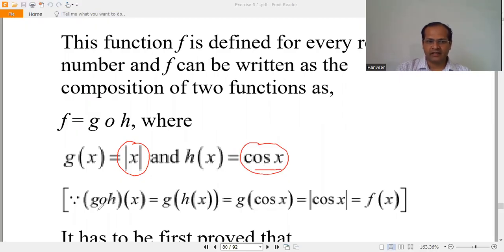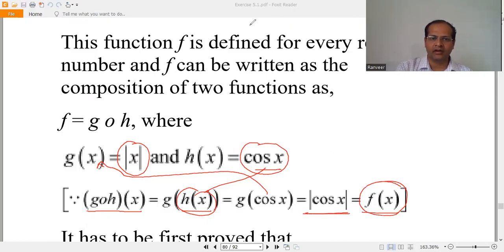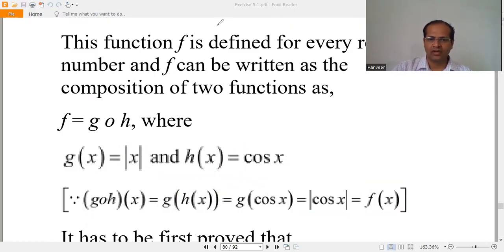After that, g o h(x) we can write g of h(x). h(x) value is cos x, and we have to substitute here. So g of cos x is nothing but the mod of cos x, and this is the way we can find the composite function, that is equal to f(x).